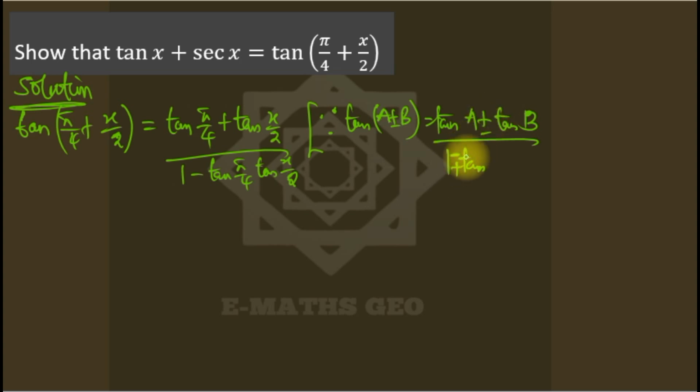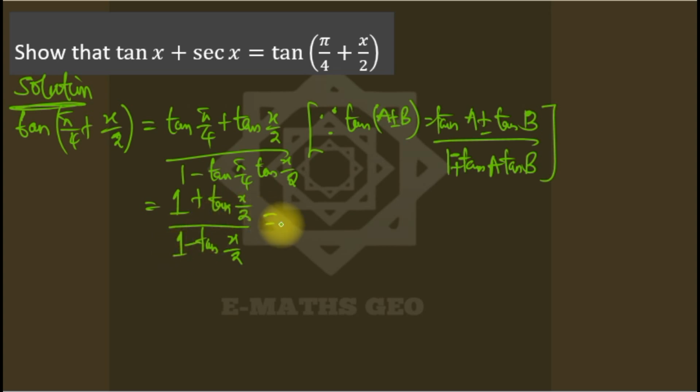So plus for minus, minus for plus. So if you could remember this formula, tan 45 is 1. So we have 1 plus tan x over 2 over 1 minus tan x over 2.